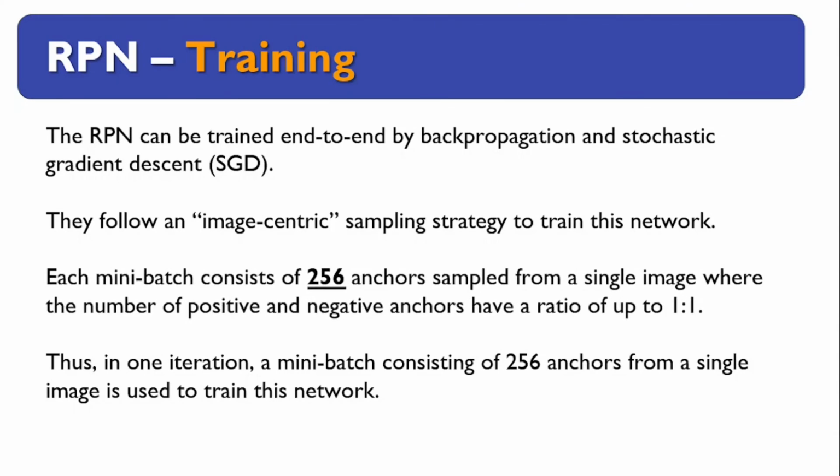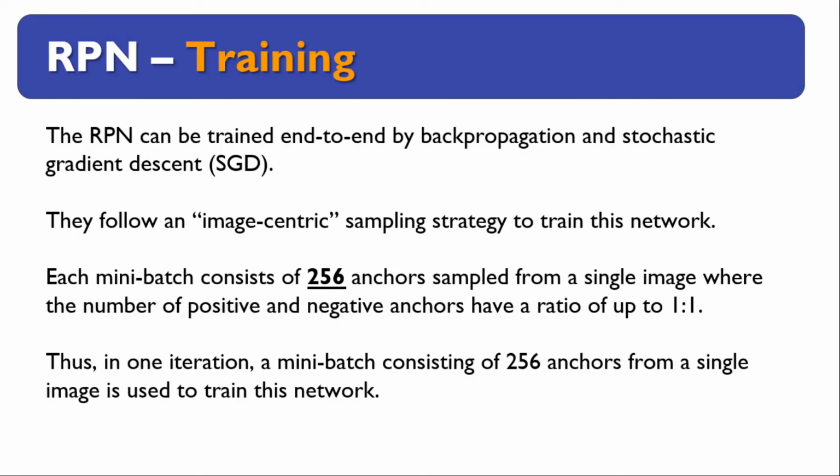That is, each mini-batch consists of anchors which are sampled from a single image, where the number of positive and negative anchors have a ratio of up to 1:1. If there are fewer than 128 positive samples in an image, they pad the mini-batch with negative ones. Thus, in one iteration, a mini-batch consisting of 256 anchors which are sampled from a single image is used to train this network.